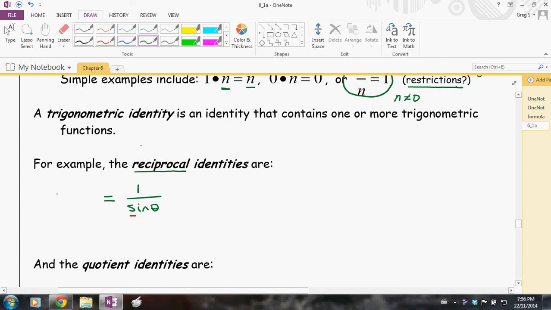So this one is the cosecant, CSC, cosecant theta. Again, we should remember these ones. The next one is the secant theta is equal to 1 over the cos of theta. And then the last one, probably the easiest one to remember, the cotan of theta is equal to 1 over the tan of theta. So commit those three to memory.